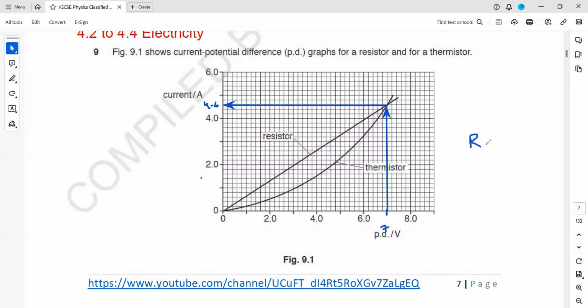The resistance is voltage divided by current, so 7 divided by 4.6. The answer is 1.52, and the unit is ohms.